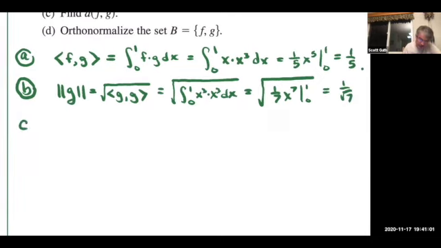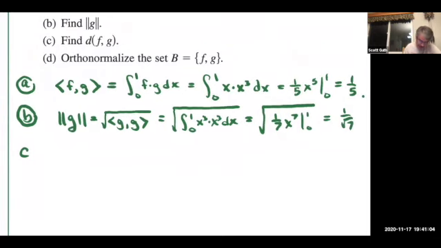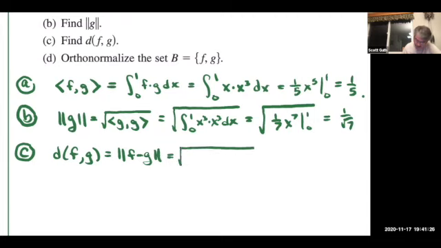Okay, C, they want the distance from f to g. So the distance from f to g is the norm of f minus g, which is going to be the square root of the inner product of f minus g with f minus g, like that.